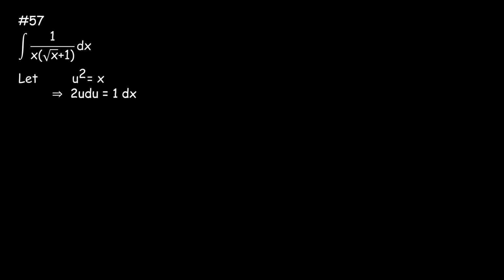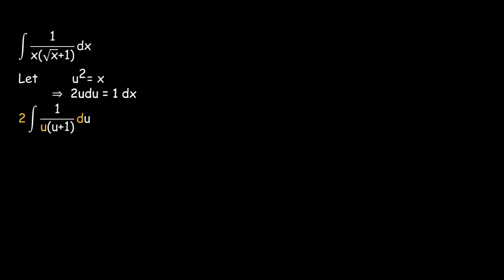So I differentiated implicitly, and then we substitute this into our original equation. We're going to have 1 over u squared, parentheses, u plus 1 times 2u du. Now there's a u attached to the du, and at the bottom as well, we can cancel one of that out. This would give us 2 times the integral of 1 over u times u plus 1.